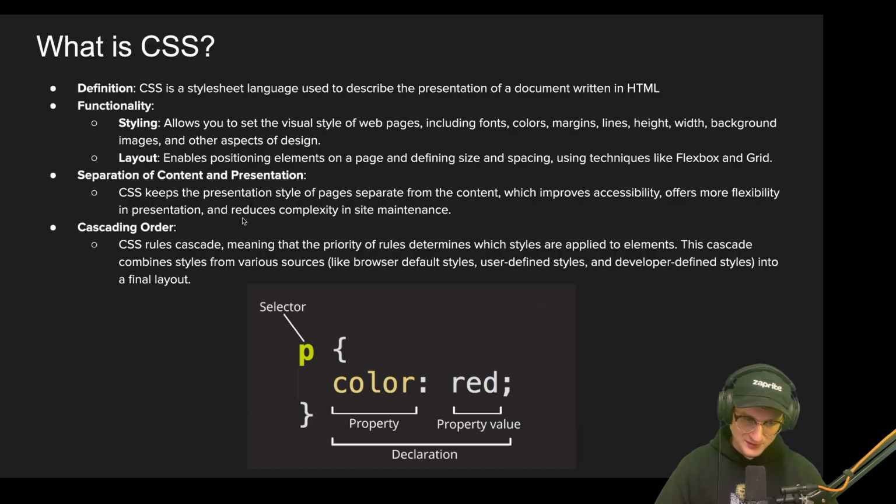So one final thing I'll say about CSS, and this is where the rabbit hole really begins, is what cascading means. CSS rules cascade, meaning that the priority of rules determines which styles are applied to elements. This cascade combines styles from various sources, like browser default styles and developer-defined styles, into a final layout.